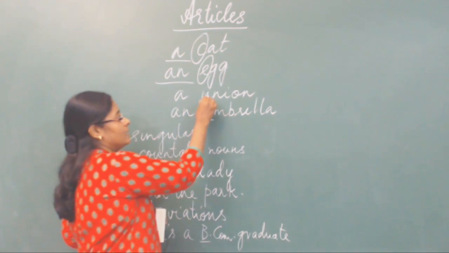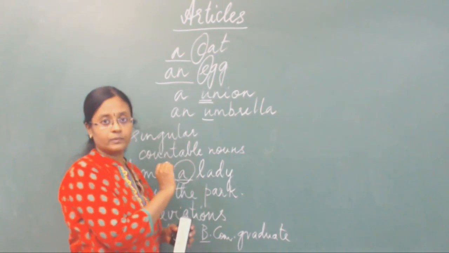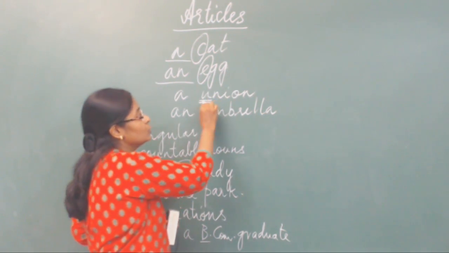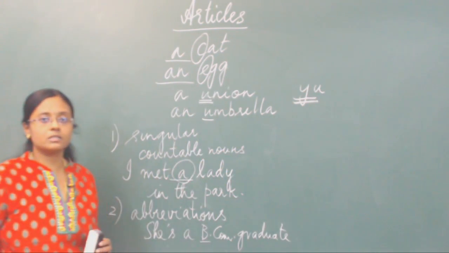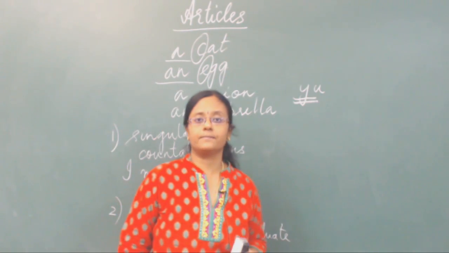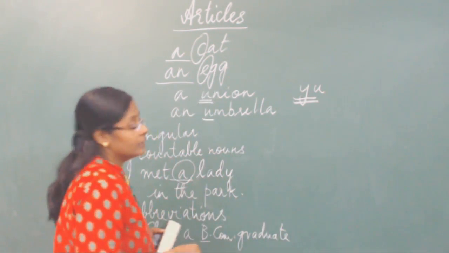Now you see, both the words begin with the letter U, but the sound is different. Here it's A, here it's U. So now you see, it's a consonant sound. So we say a union, a university, a universal theme, a European.